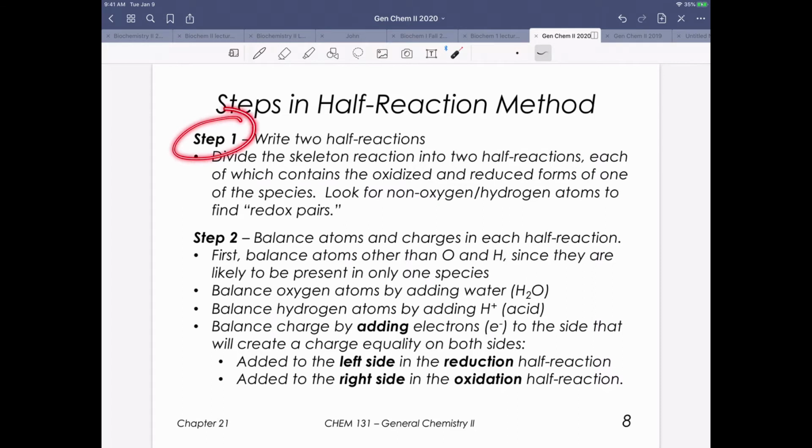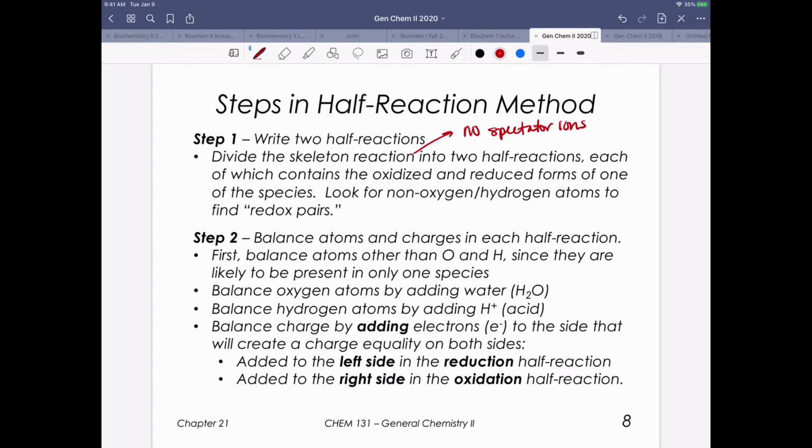All right, so the first step is we're going to split our chemical reaction into 2 half reactions. So we're going to divide what we call the skeleton reaction, which is one where we eliminate any spectator ions. So, no spectator ions. That's what we call our skeleton reaction.